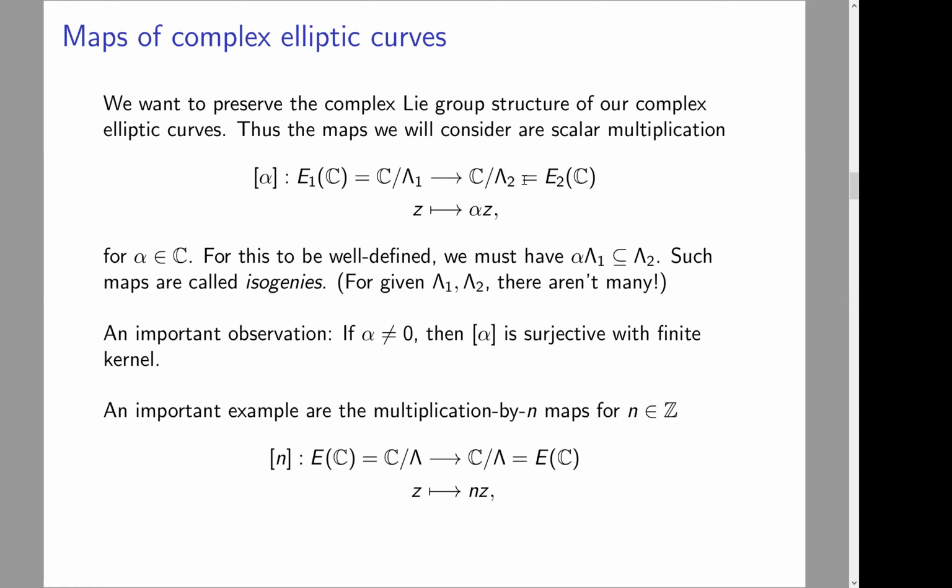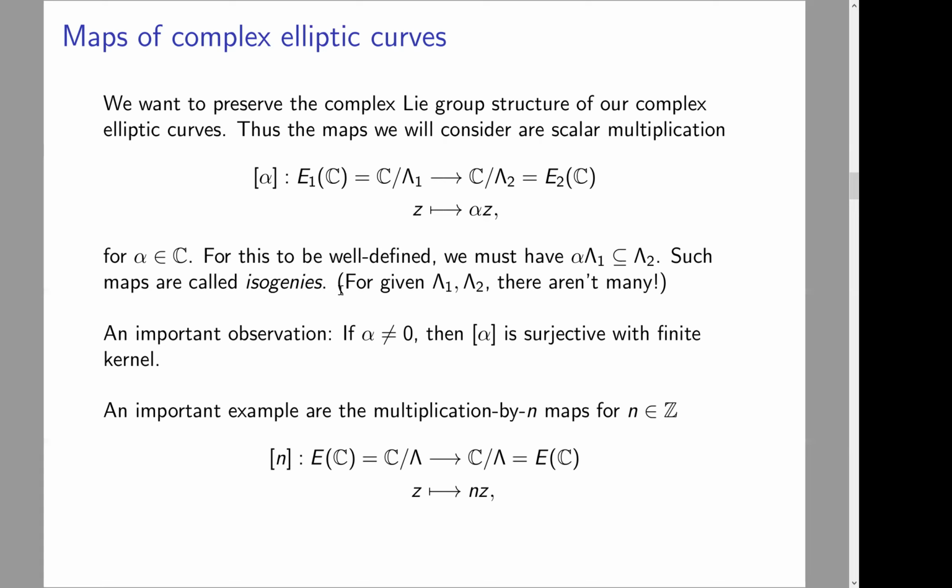We need to demand that the image of Lambda 1 after multiplication by alpha lands in Lambda 2. That's just to make sure the map is well defined. So the scalar multiplication map must take Lambda 1 into Lambda 2. Maps of this form between elliptic curves are called isogenies.